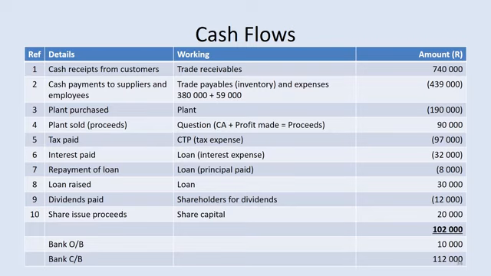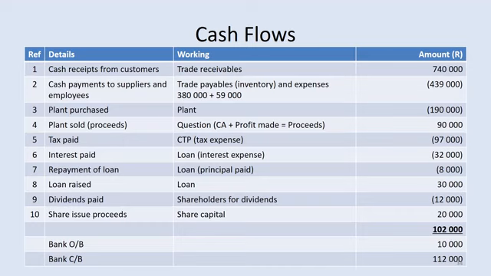We used the trade receivables T account, and we found that the bank value was an inflow of 740,000 Rand. Cash payments to suppliers and employees: we used the trade payables T account, the inventory T account, and our operating expenses T account to get an outflow of 439,000 Rand.